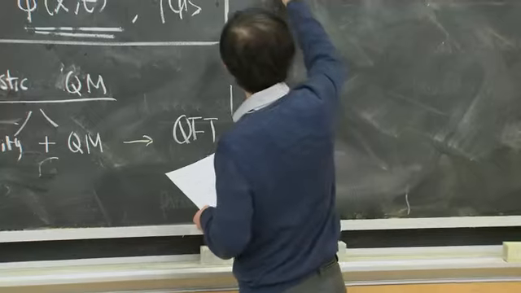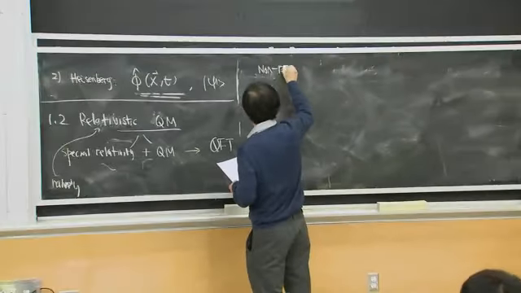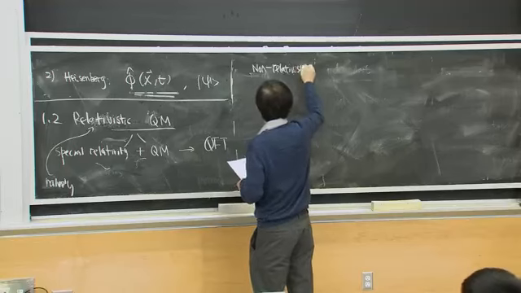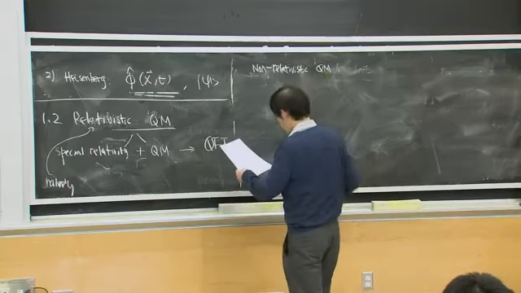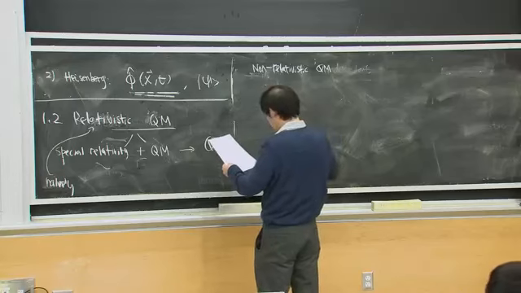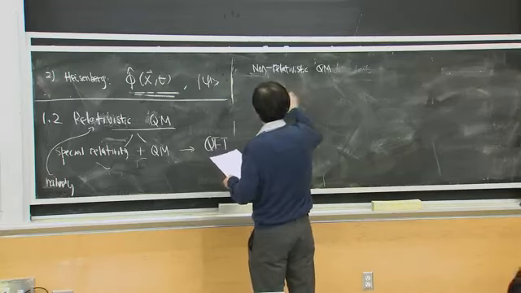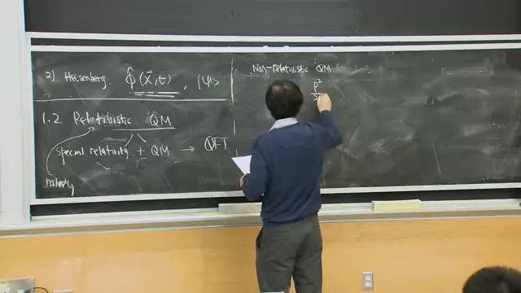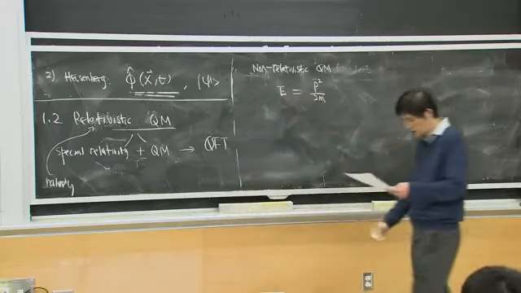So in non-relativistic quantum mechanics, how do we derive the Schrödinger equation? The way we do this is we start with a dispersion relation for a non-relativistic particle.